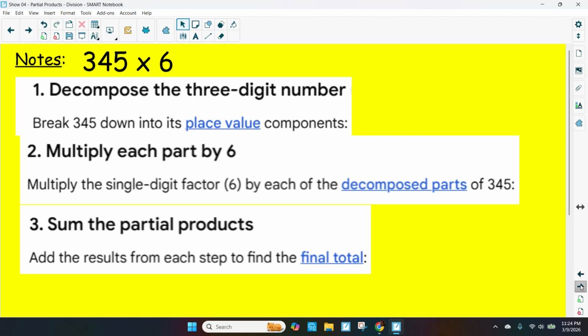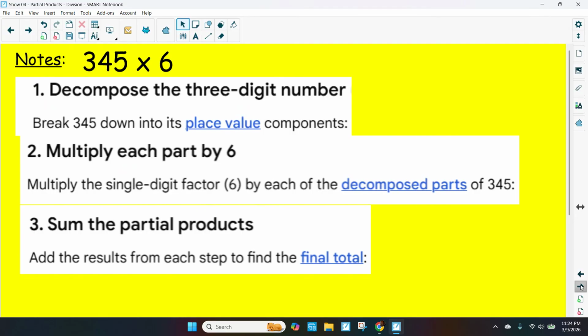So here are the steps that you need to know to deal with this problem. Step 1, decompose the 3-digit number, or whatever digit number, break it down into its proper place value. Step 2, multiply each part by the second number, which is 6 in this case.